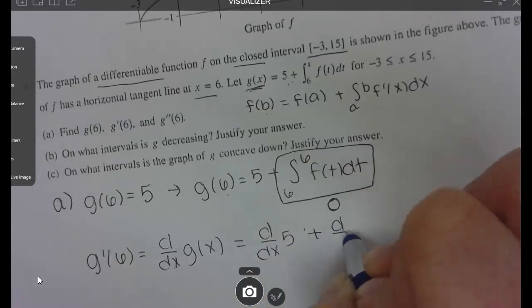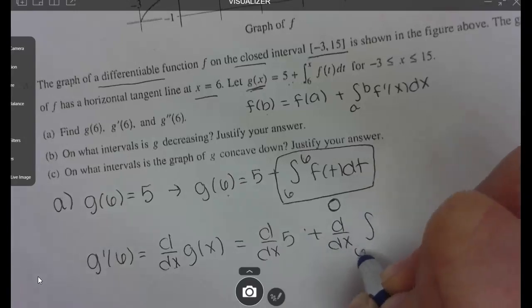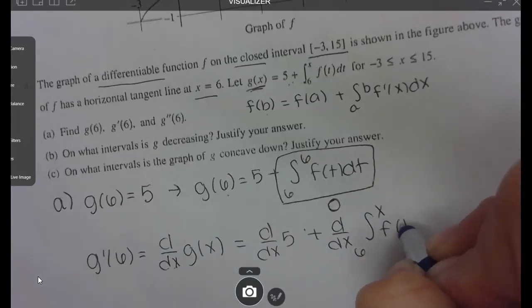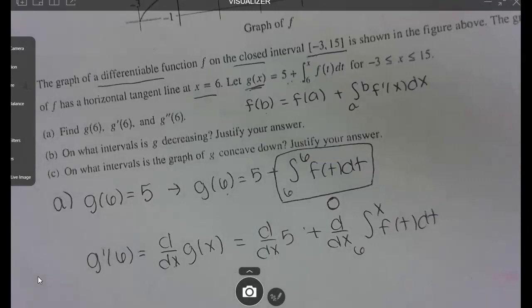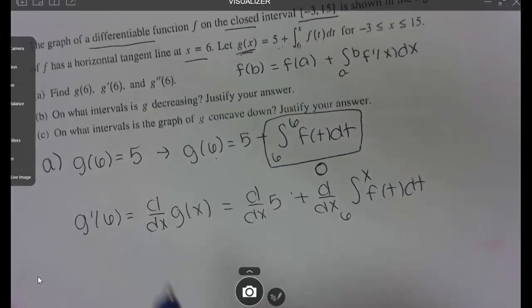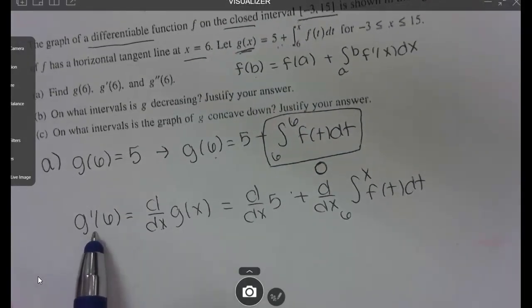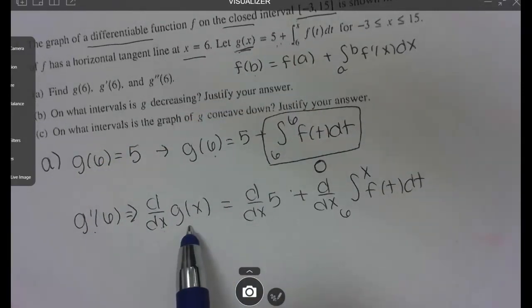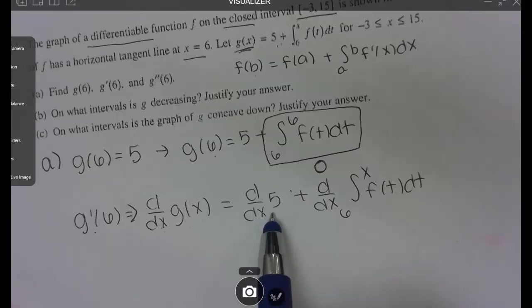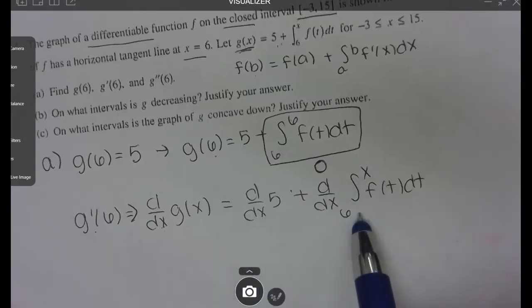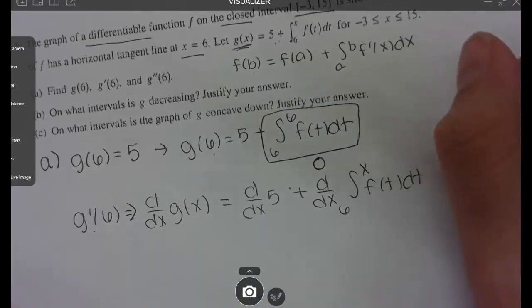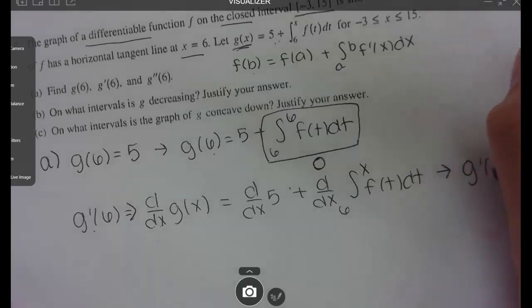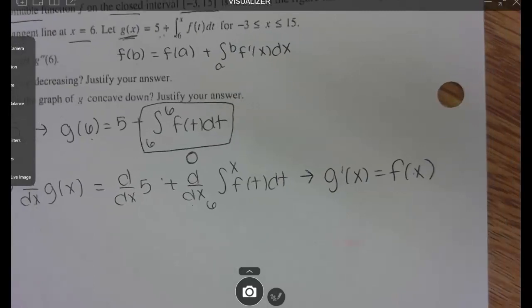And then the derivative of the integral from 6 to x of f of t dt becomes that. So we get that g prime of x is equal to f of x.